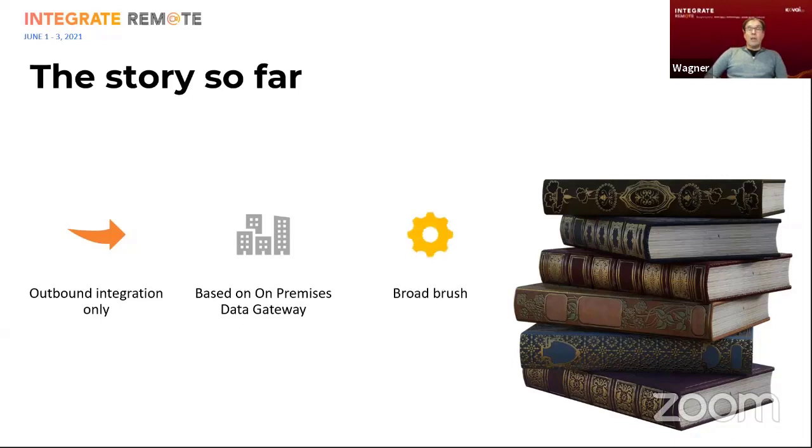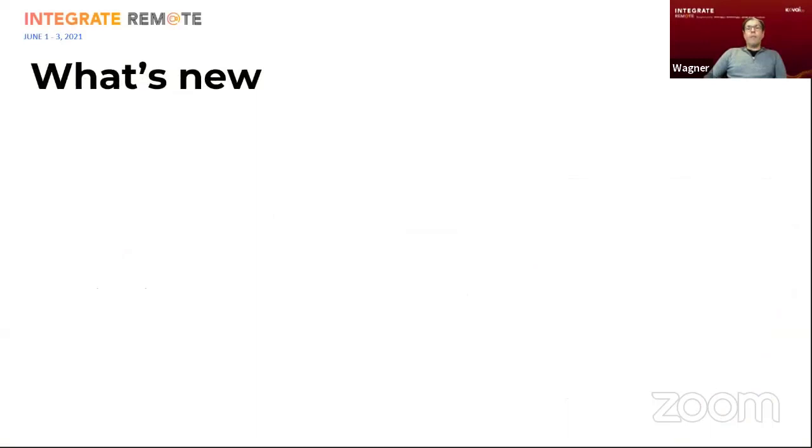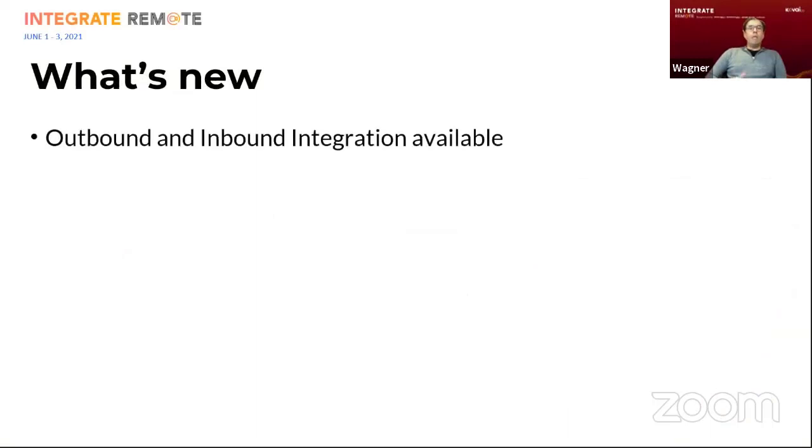And the on-premise data gateway is quite a broad brush. You open the channel, but we didn't have a fine-grained way of saying I want to go to this specific resource and this specific port. You just open the channel and you have to manage the security in a different layer. What is new now? You have outbound and inbound integration within network and on-premise available.